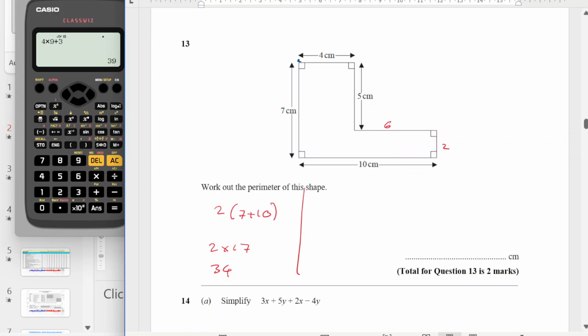So to do 4 plus 5 plus 6 plus 2 plus 10 plus 7. But if you think about it, we've got a 7 there and then a 7 there. We've got a 10 there and then a 10 there, which is why it's 2 lots of that. Either way, you get 34.